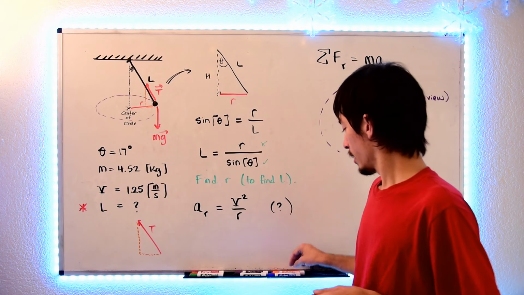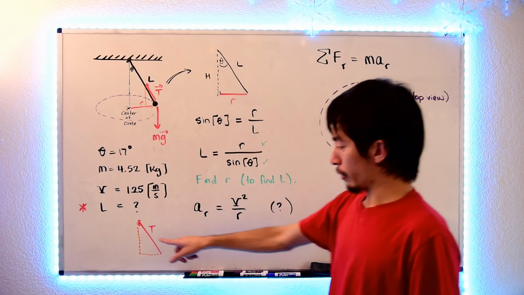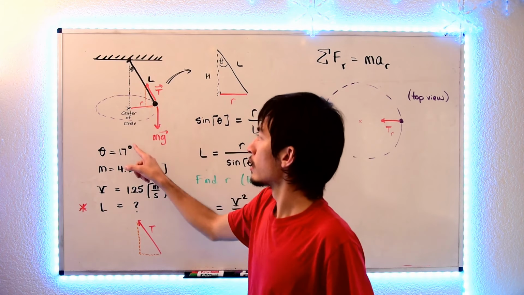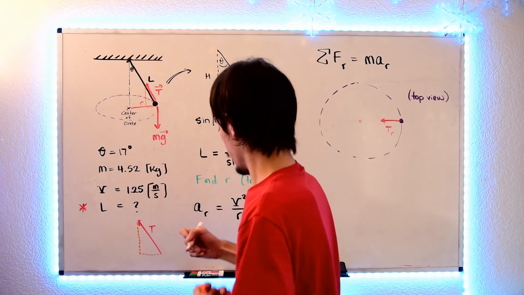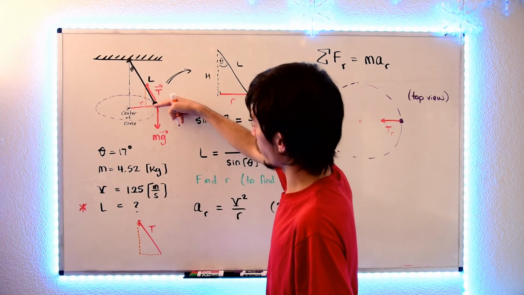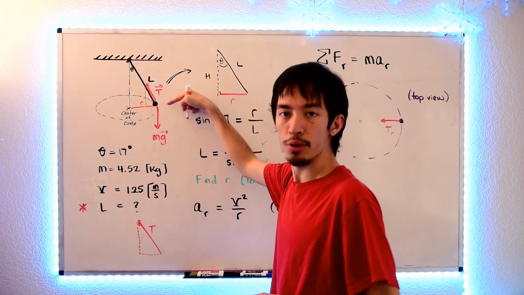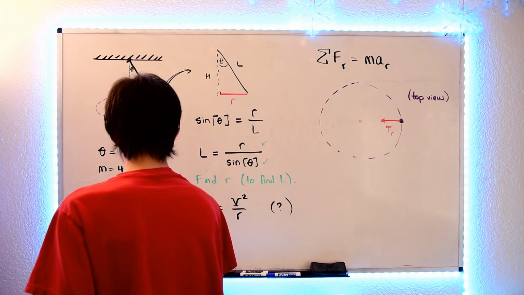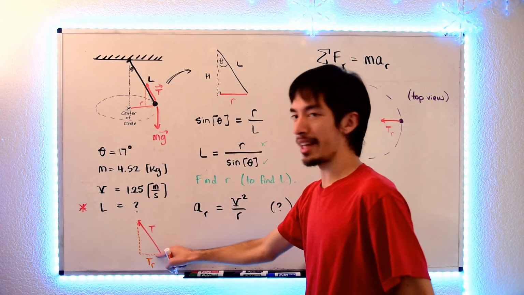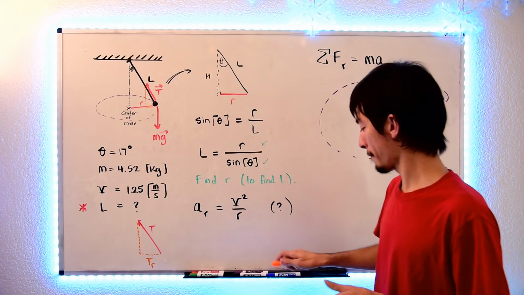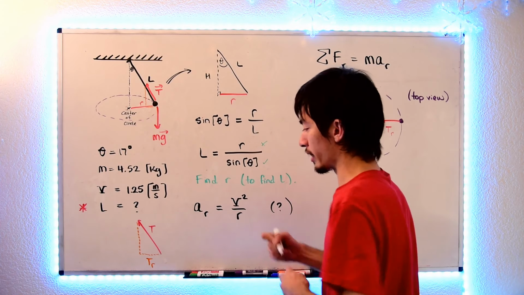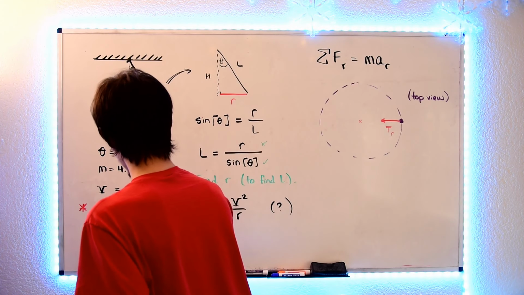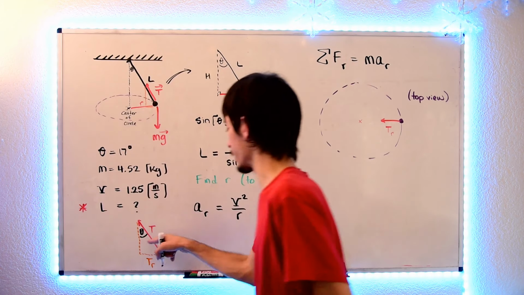So the vertical component would be up and down along the y-axis, but the component we care about is the component which goes along the horizontal. That's in the radial direction of the circle. So the radial component would be like your horizontal component. And the angle in this triangle is not in the bottom, but it's on the top. That's the part to be careful about.